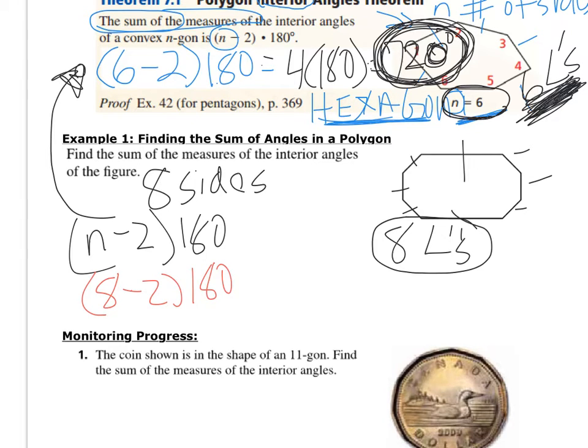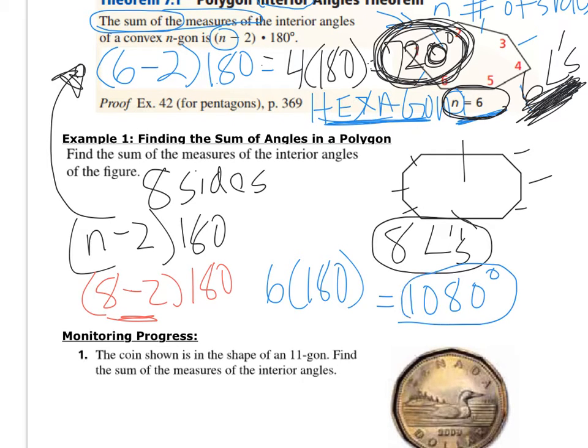Again, what do I need to do first? Can I go ahead and multiply, or do I need to do the stuff in the parentheses first? That's right. I need to do the inside the parentheses first. So 8 minus 2 is 6. And so now I'm left with 6 times 180. I punch that in on my calculator, and I get 1,080 degrees.